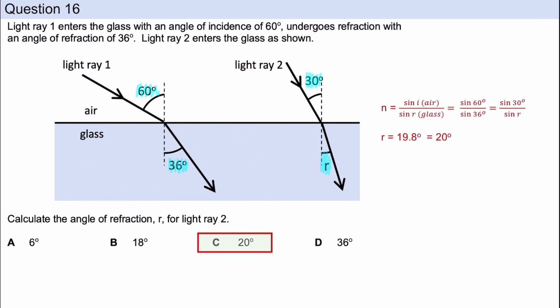The refractive index n is given by sine i, always in air, over sine r, always in glass. That gives sine 60 over sine 36 for light ray 1 equals sine 30 over sine R for light ray 2. Solving this, you will find R will be 20 degrees.